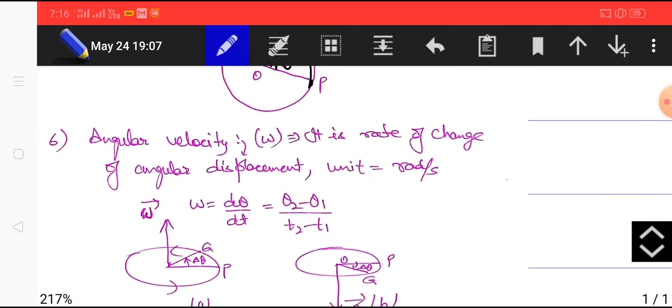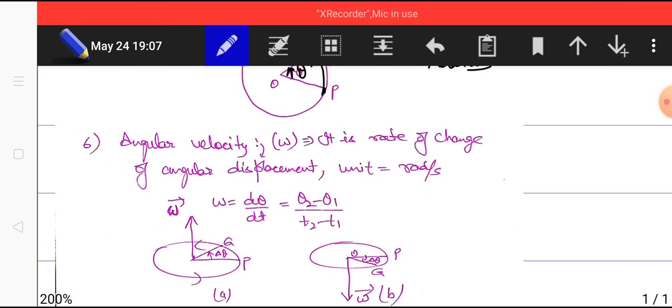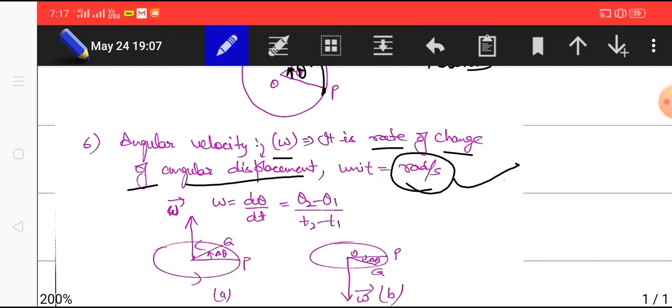Next is angular velocity. The rate at which this angle is covered is known as angular velocity. It is represented by omega. It is the rate of change of angular displacement. So its unit becomes radian per second. We can also represent it like, if theta has changed from theta 1 to theta 2, the change in angle will be theta 2 minus theta 1 divided by time taken, that is t2 minus t1.